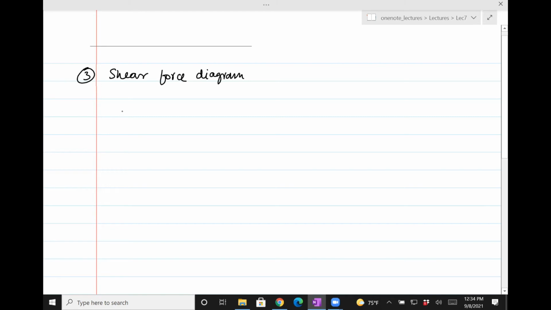So draw the beam, and then show the reaction forces as well as the external forces, 12 and 9, and then 15 and 6.